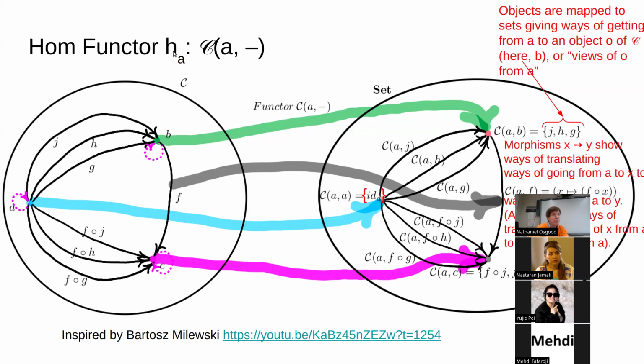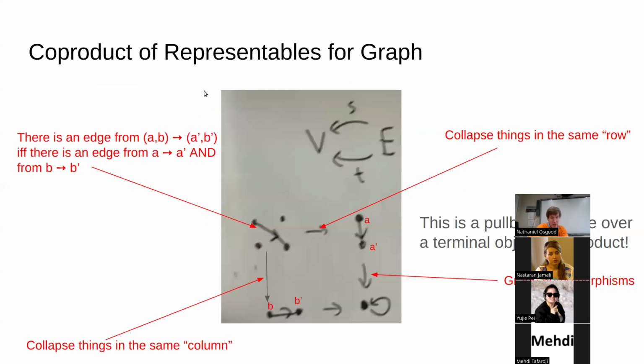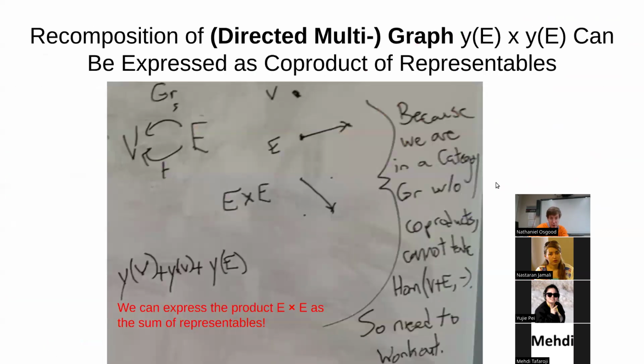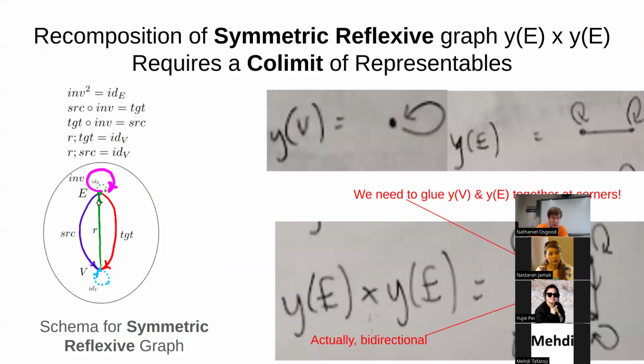So let's consider what this Hom functor for E is going to map to. What is it going to map E to?